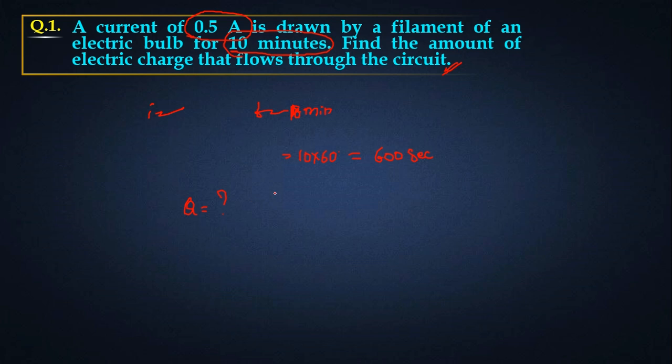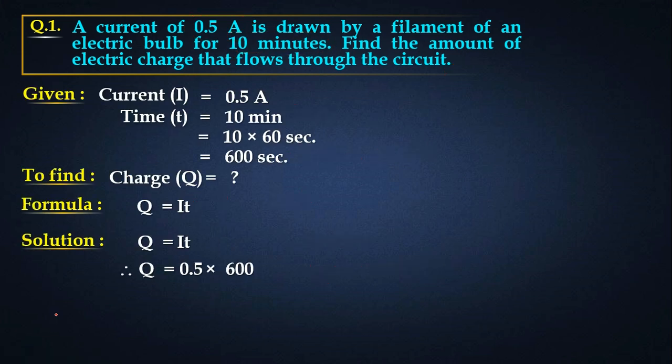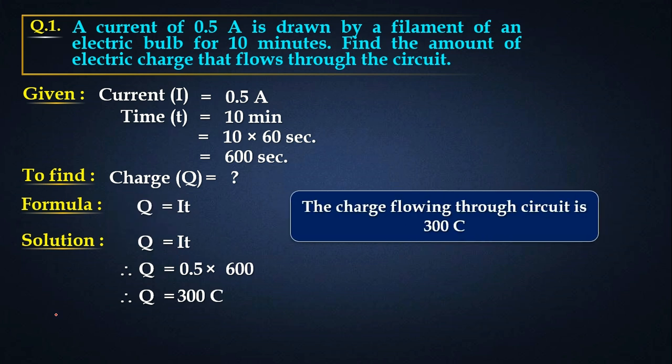So we know that Q is equal to I into T. I is 0.5 into 600, that is equal to 1 by 2 into 600, that is equal to 300 coulombs. Is it right? Very important and very easy question. So the charge flowing through the circuit is 300 coulombs.